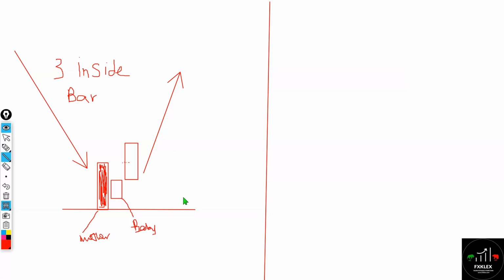So if you are working on the 1 hour frame, let's say this is 1 hour, and you don't want to wait for the third candle after 3 hours, you can go to the 15 minutes frame, for example, and see how the trend is going.